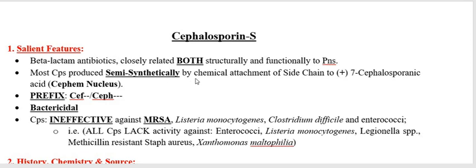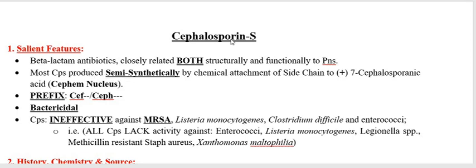Because this drug belongs to beta-lactams, these cephalosporins also have beta-lactam rings like the penicillins, and cephalosporin is both structurally as well as functionally related to the penicillins.